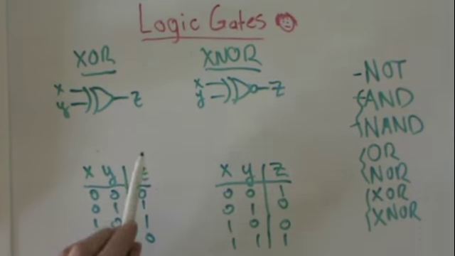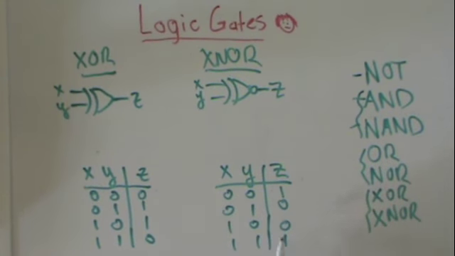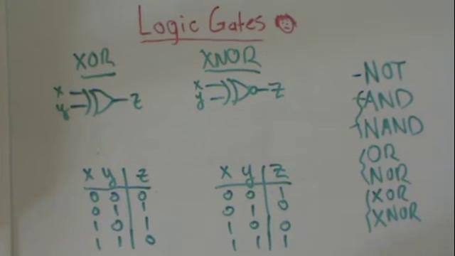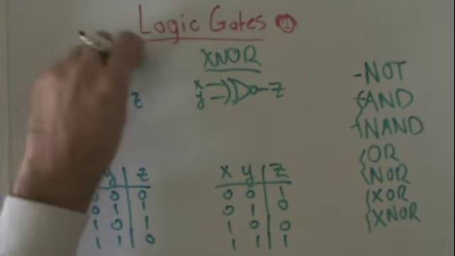We can look at the output and see if it's true or not with either one of these, and we can say, oh, those two bits are the same or those two bits are not the same. So this ends up being a comparator. And with comparators, we can do all kinds of cool stuff. You can build adders and multipliers and all kinds of stuff with them. Very powerful function. But again, that's later on down the line when you actually start building circuits out of these.